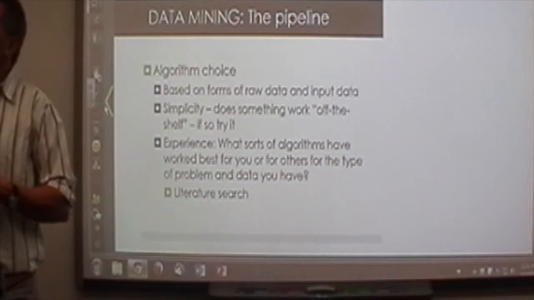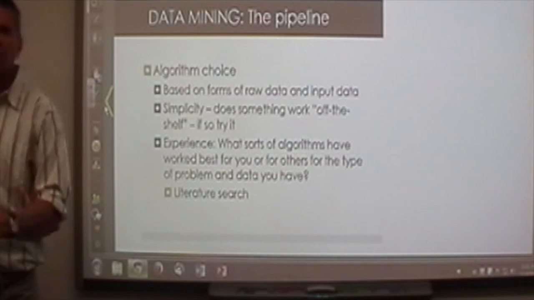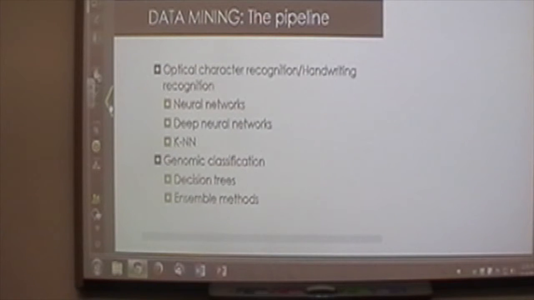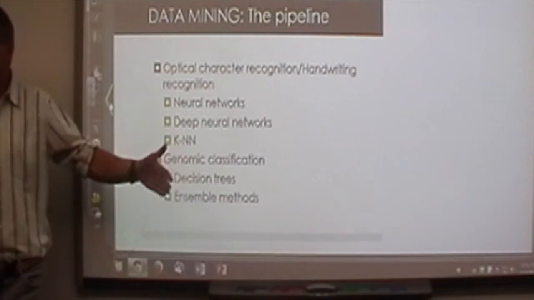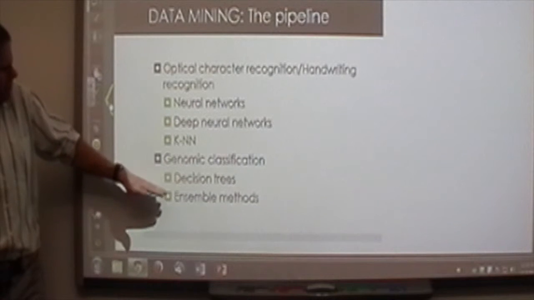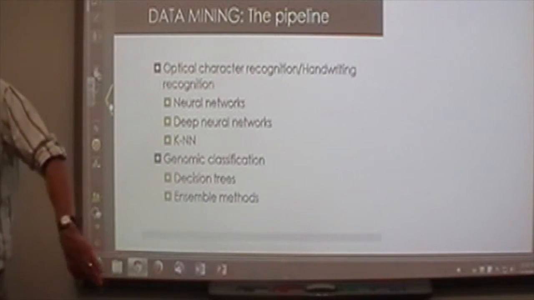I think the next one on your list was genomic expressions. I had some there which tend to work well, like decision trees. Here's where ensemble methods tend to work well. I believe stacking works really well with a lot of genomic expression data.